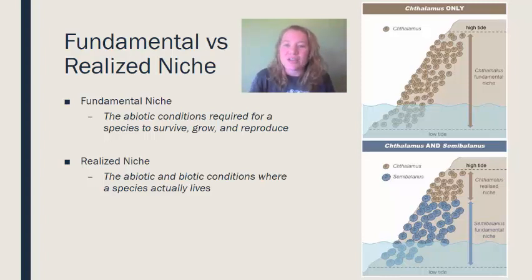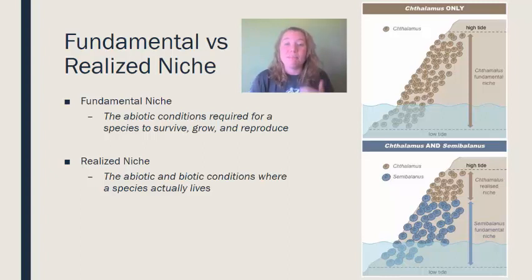But that's not where they're actually found, because the realized niche, or where they're actually found, is the abiotic and the biotic, the living conditions where the species actually lives. So the realized niche takes into account any type of competition or biotic factors that are influencing the actual niche where this particular species is found.